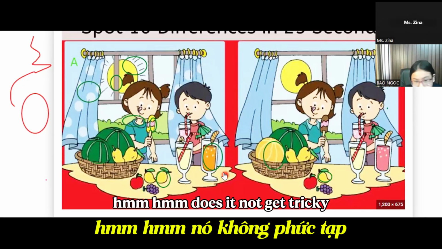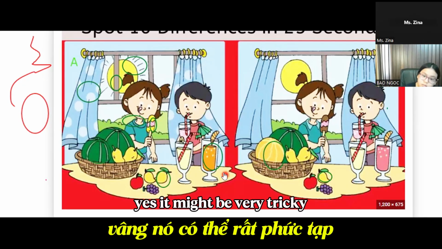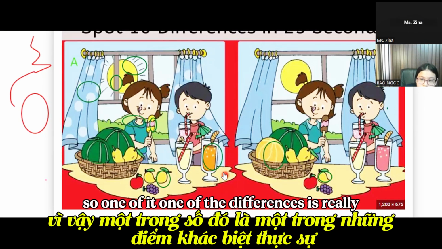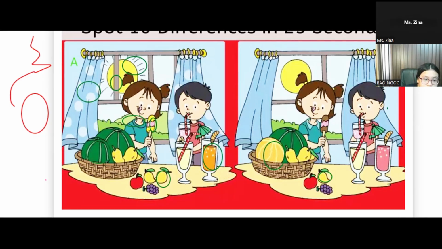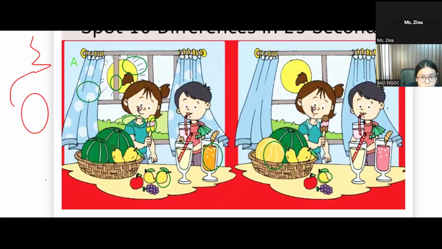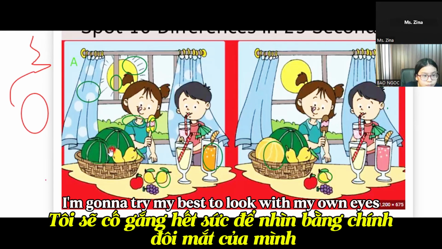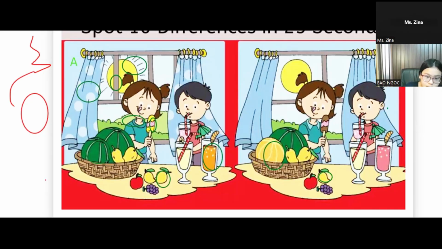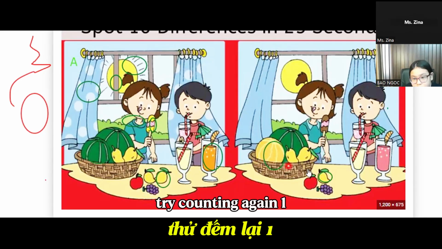Starting to get tricky. Yes, it might be very tricky. One of the differences is really, really tiny, so look very carefully. I'm going to try my best to look with my own eyes. Try counting again.